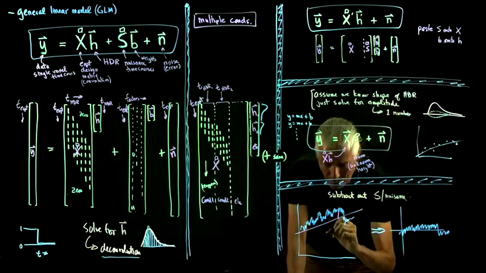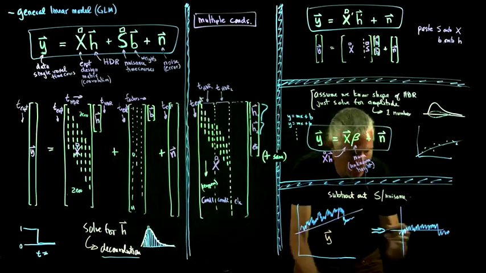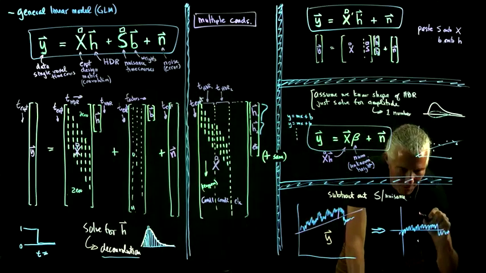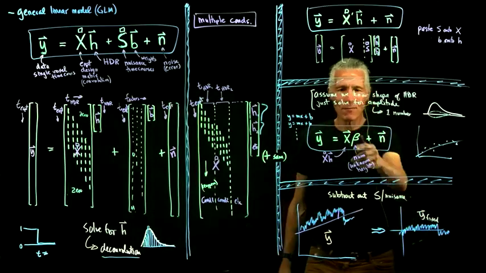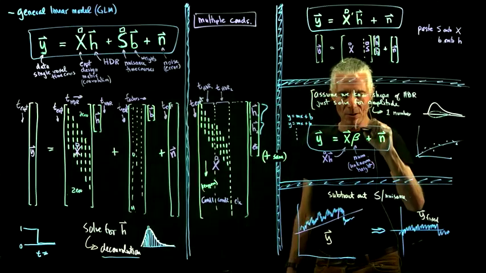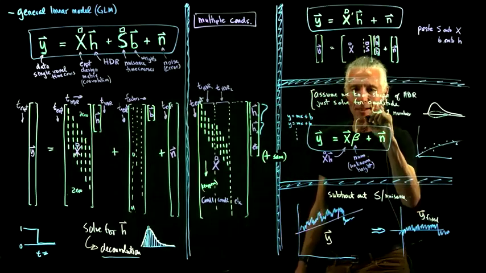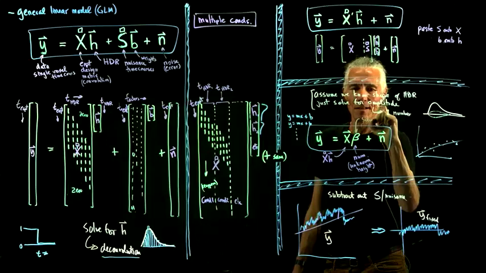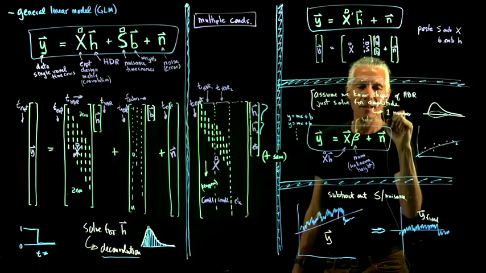Remember, what we're looking at here, this is y, the y vector, and this is y fixed. And so before we even get around to solving for that beta number.